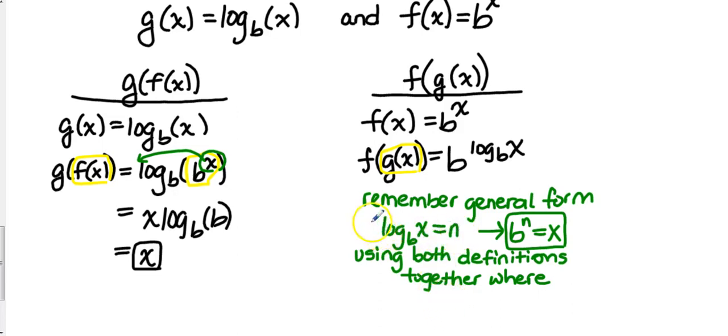If I look at this, this says log base b of x equals n. Well, I could also read it the other direction: n equals log base b of x. So right now I'm just going to literally write it the other way. Remember, equality goes both ways.